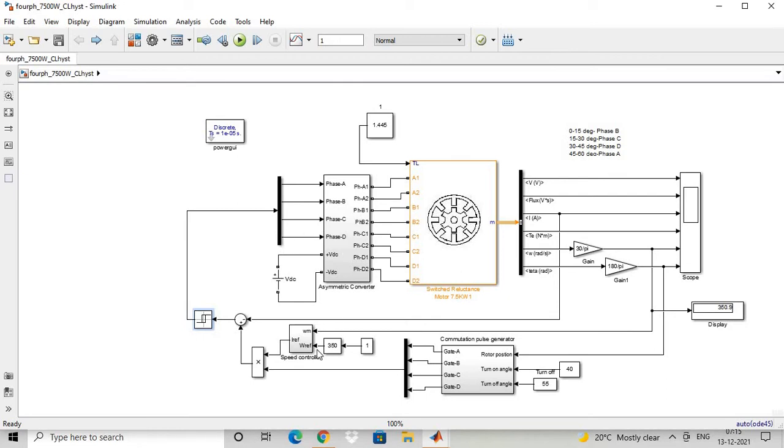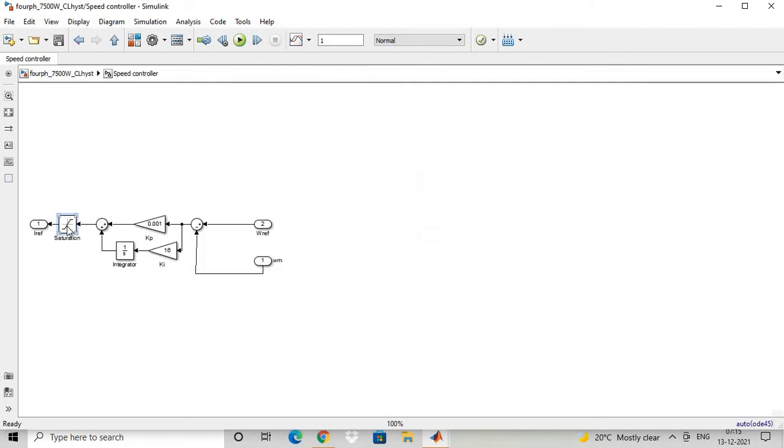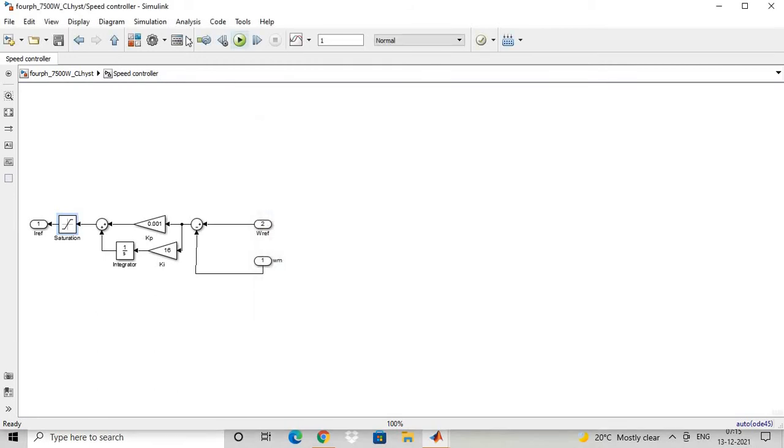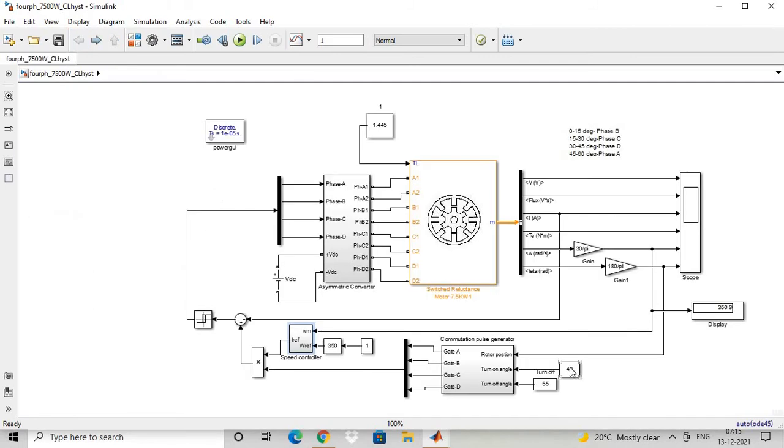Right now, if we go through this, what is the hysteresis? In case of the hysteresis current control method, what is the upper current limit? 80 ampere. Then regarding the commutation pulse generator, turn on angle is 40, turn off angle is 55.